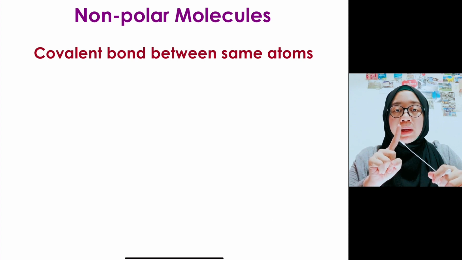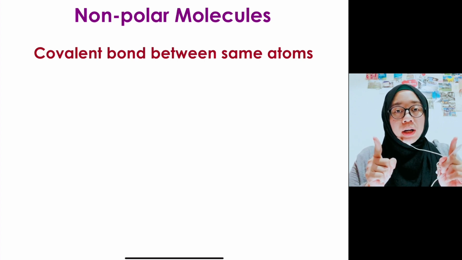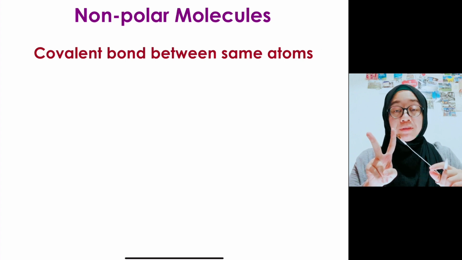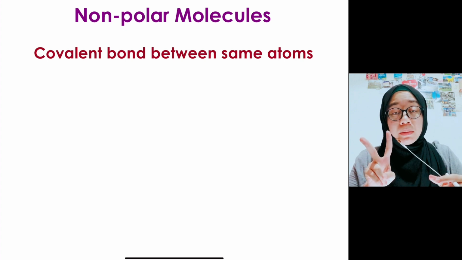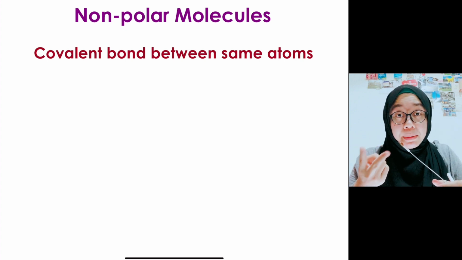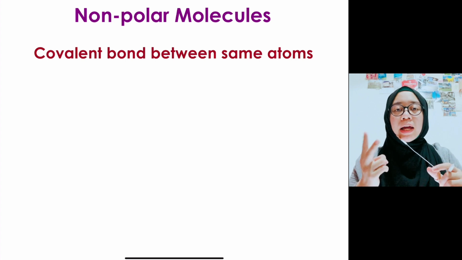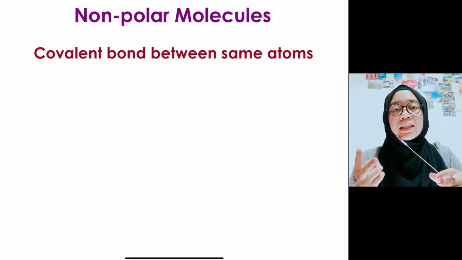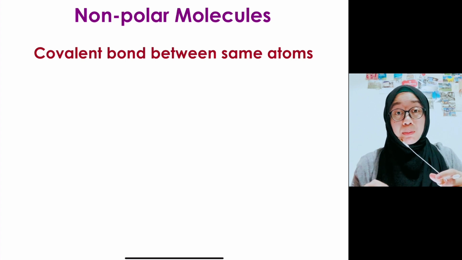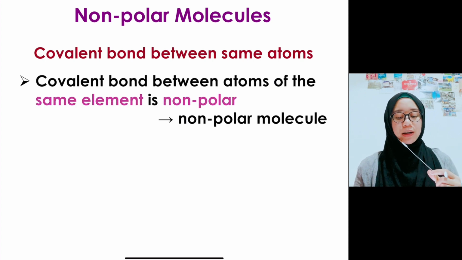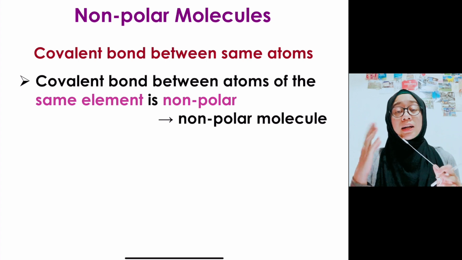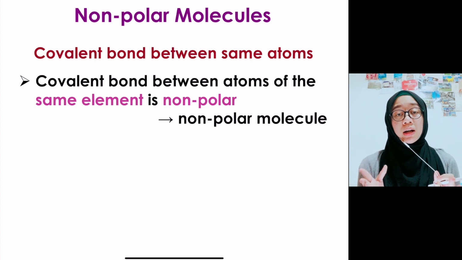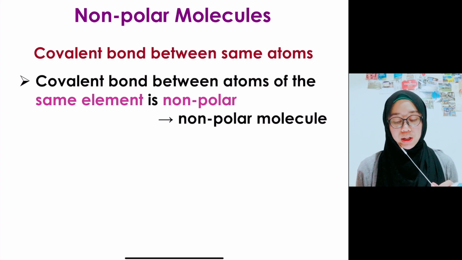But when the bond is between two atoms with the same electronegativity, meaning usually the same atom, okay, that bond is what we call a non-polar bond. Okay, so a covalent bond between atoms of the same element is non-polar. Therefore, we will consider that molecule a non-polar molecule.